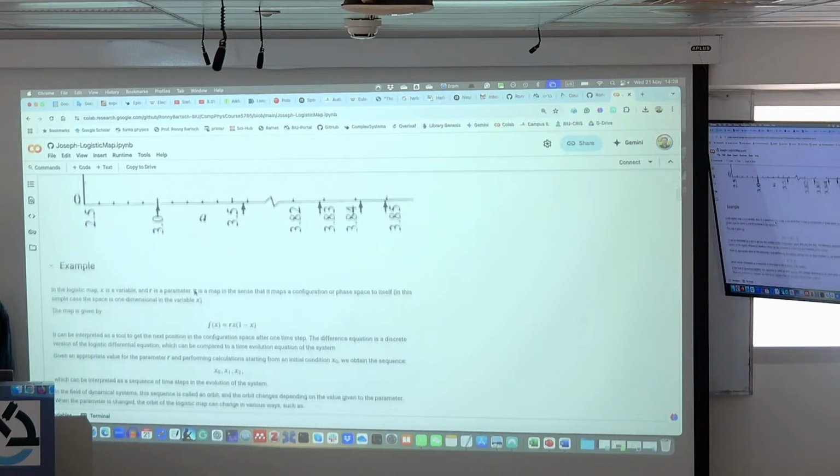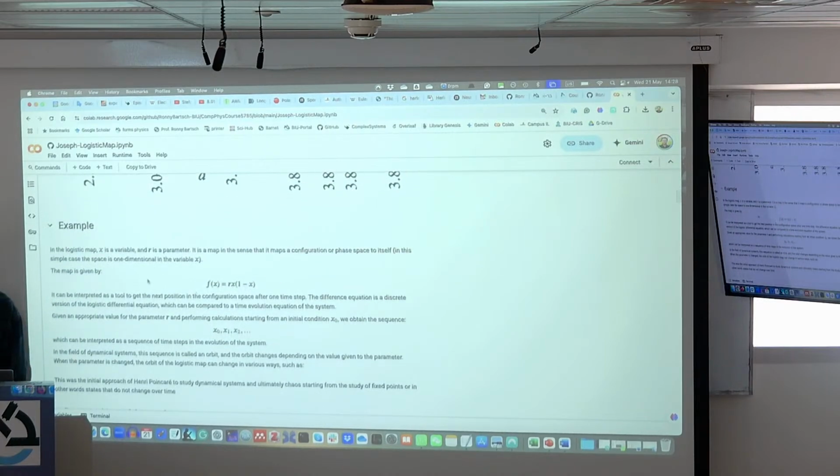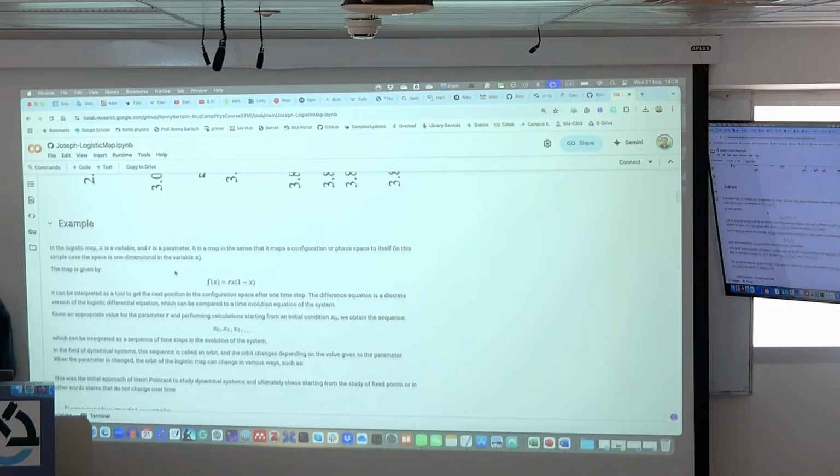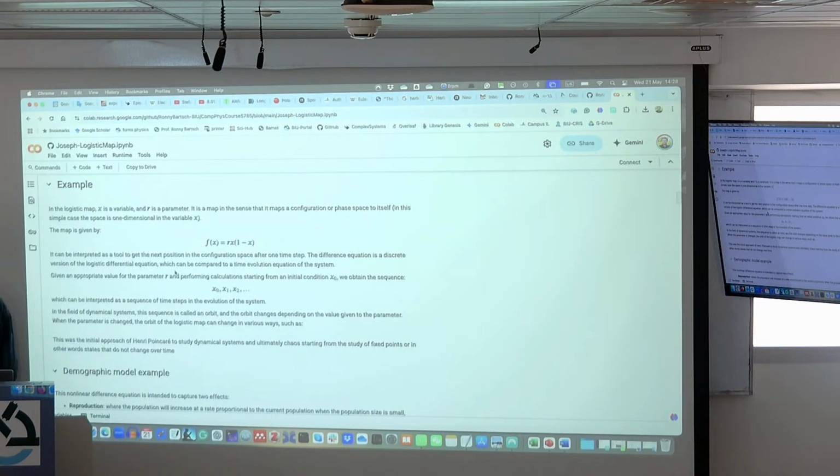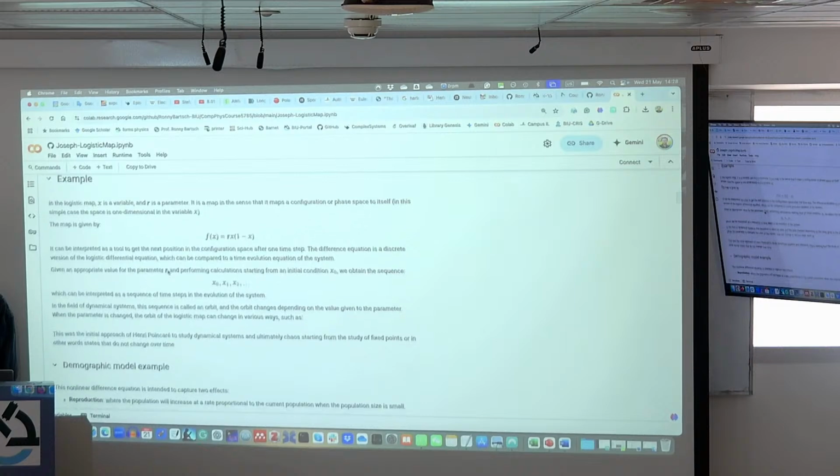Okay, so let's start with the example. The logistic map where X is a variable and R is a parameter. It's a map in the sense that it maps a configuration or phase space to itself. That is to say, f(x) is equal to R x (1 minus x).